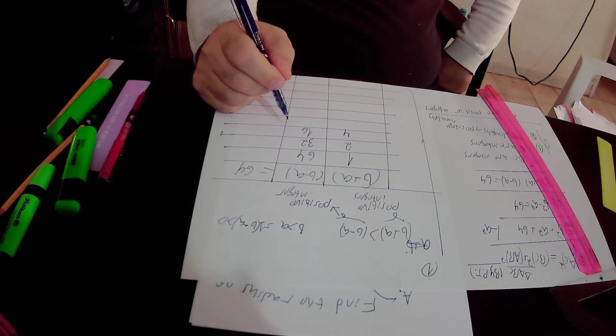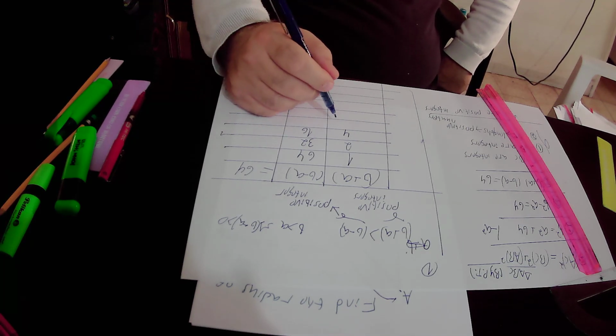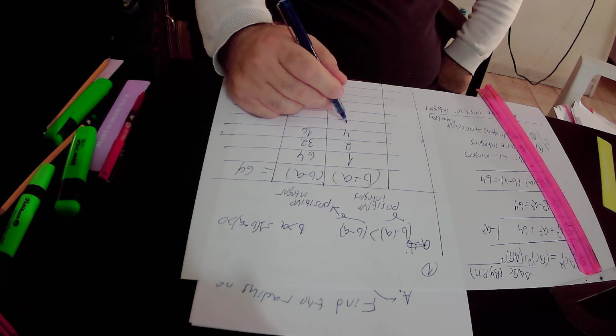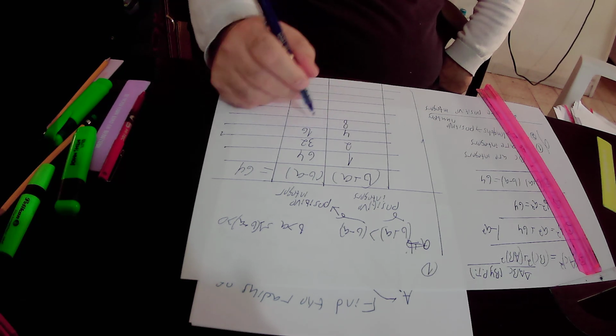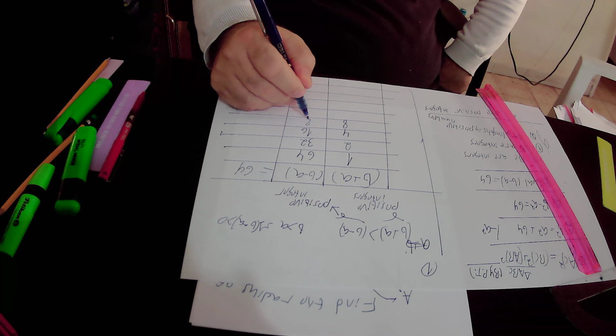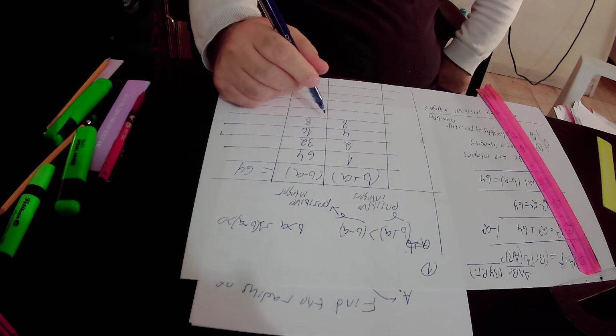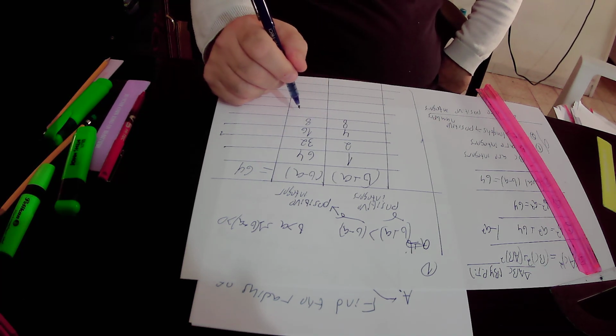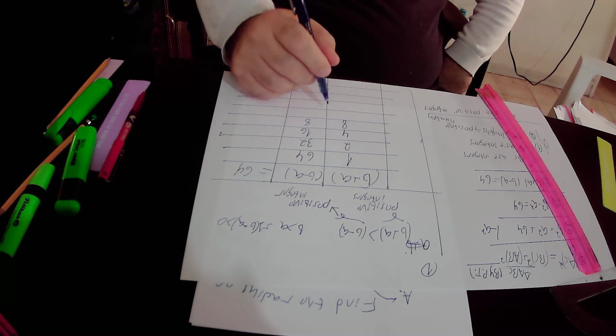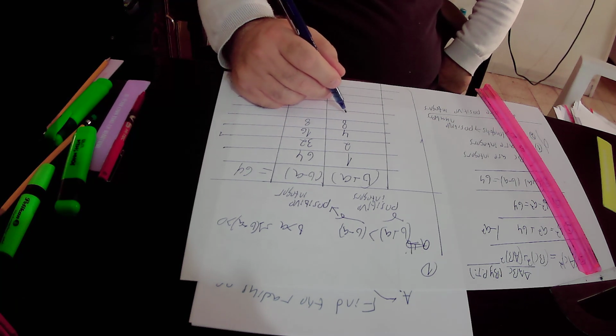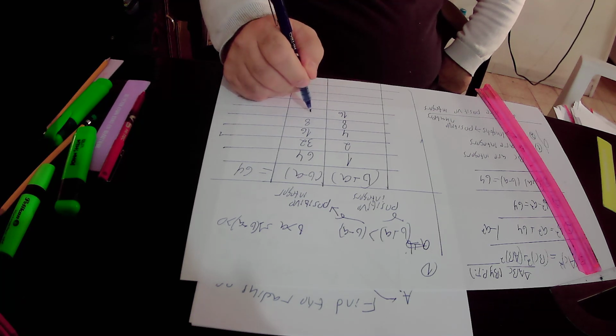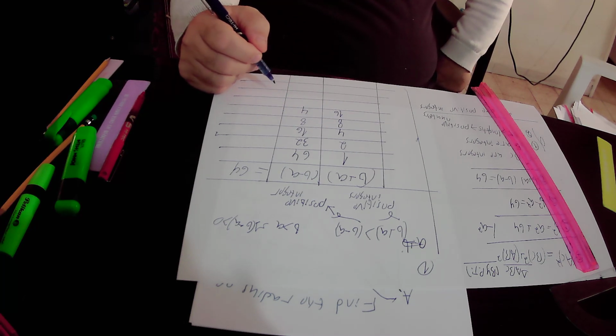And we also have here the option that the first positive integer is 8 and the second positive integer is also 8. And the multiplication of 8 times 8 is 64. And we also have the option that the first integer is 16 and the second integer is 4, and 16 times 4 is 64.